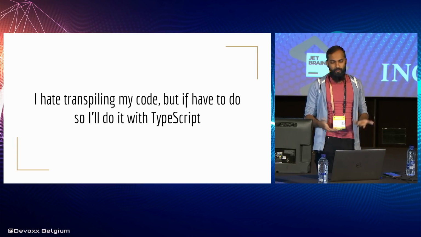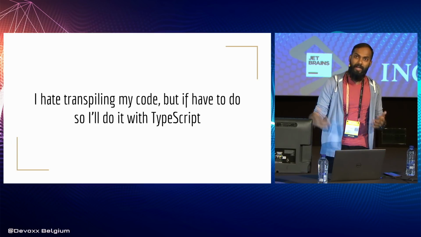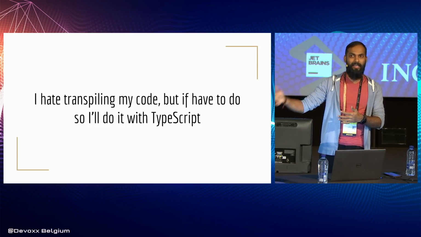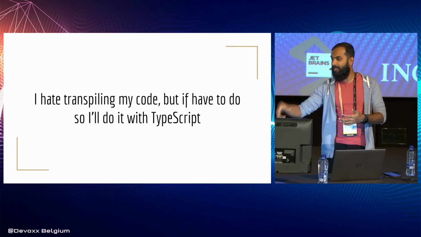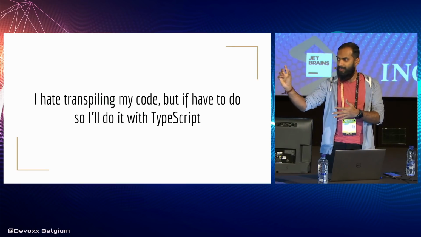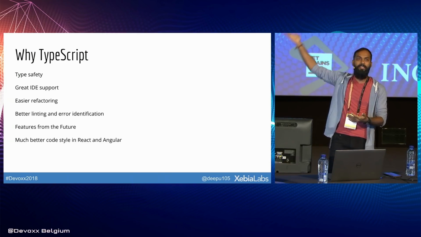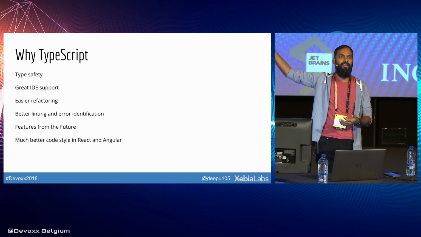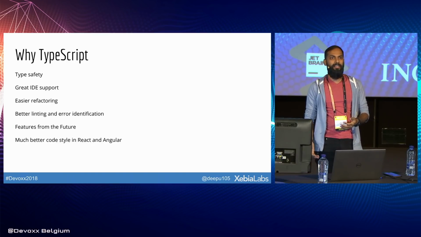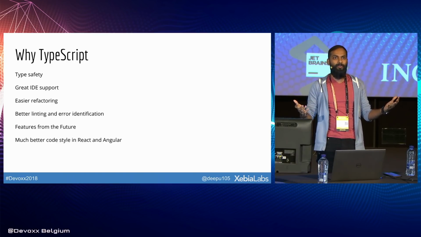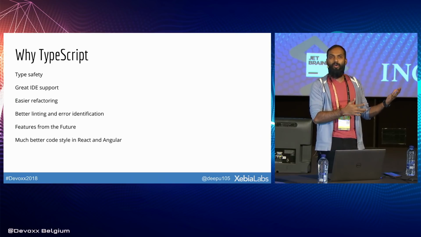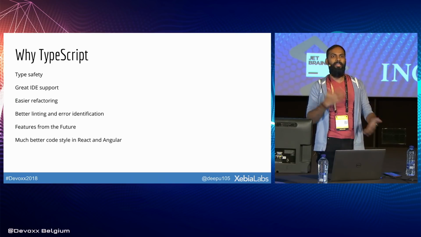The reason is, if I'm going to spend that time transpiling and waiting for all of my changes to appear, I might as well have all these benefits along with that. If it is only transpiling, why would I want to wait for my code to transpile if it is not giving me any additional benefits?